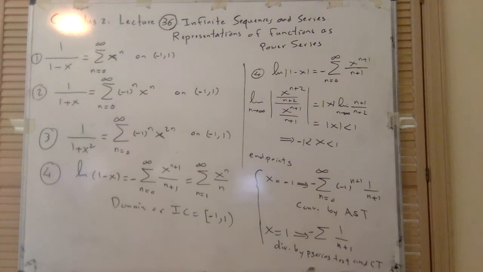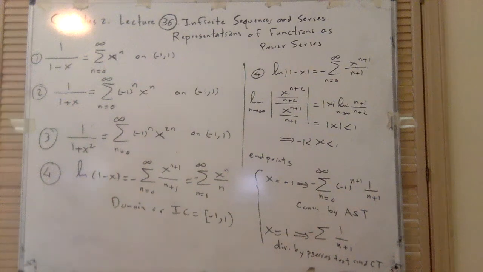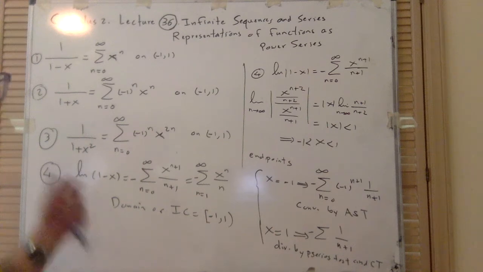So if you ever wondered how your calculator finds ln, well, I'm not saying your calculator does this, but maybe 30, 40 years ago it would. It was set in the calculator to find ln using something like that.